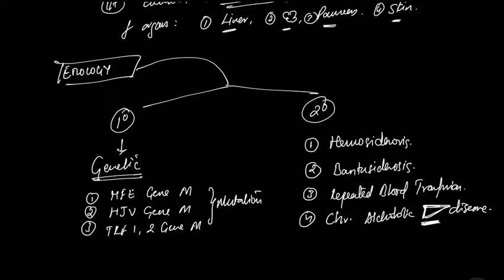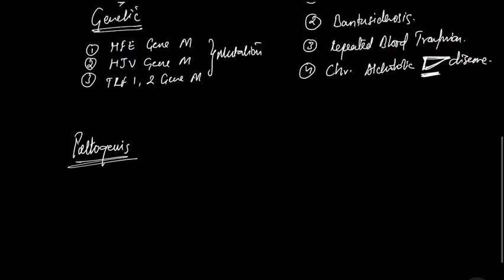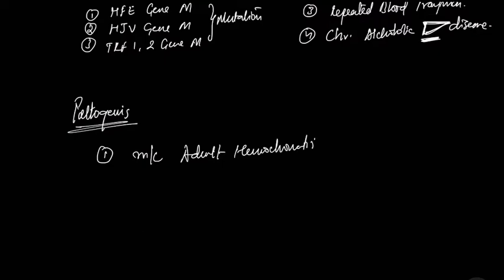All right. So, yeah. Coming to the pathogenesis. So we studied these three genes here: HFE gene, HJV gene, and TRF1 and 2 gene. So the most common cause for your adult hemochromatosis is the mutation of the HFE gene.